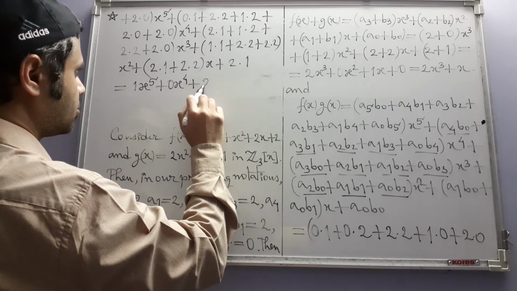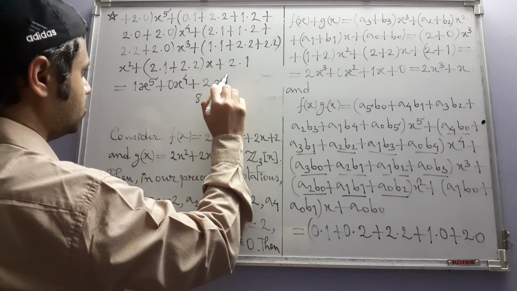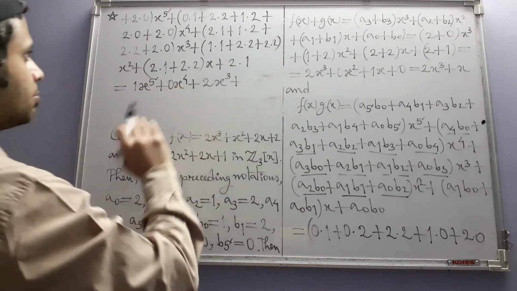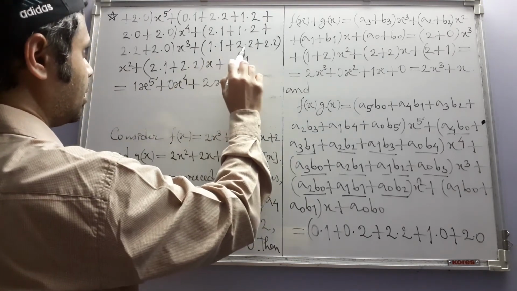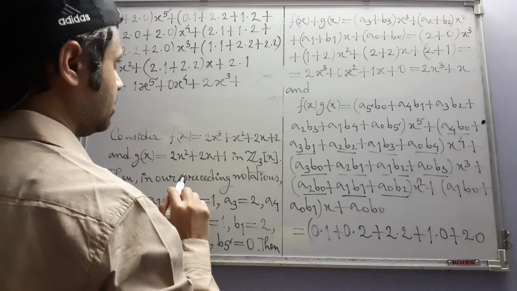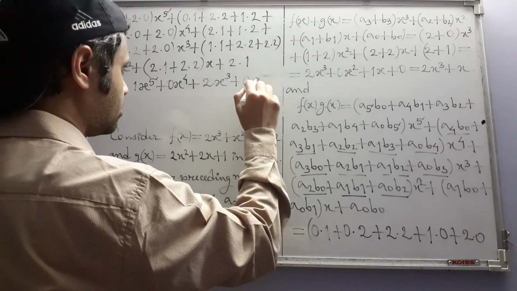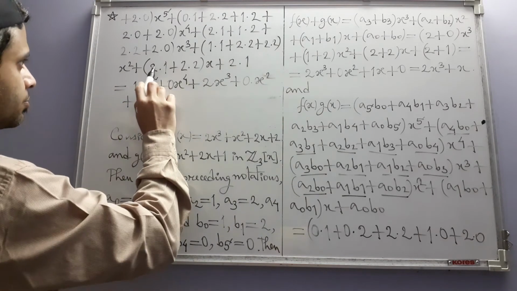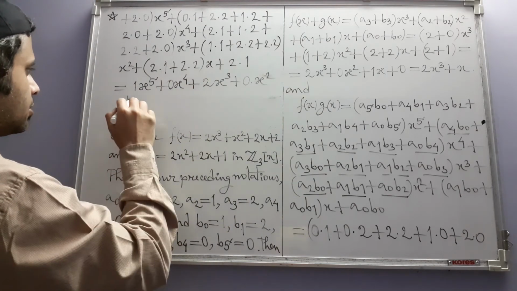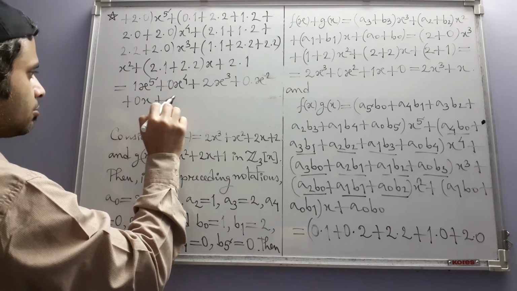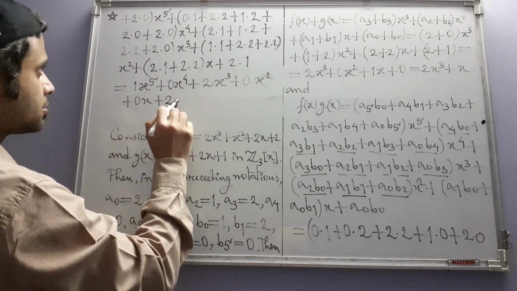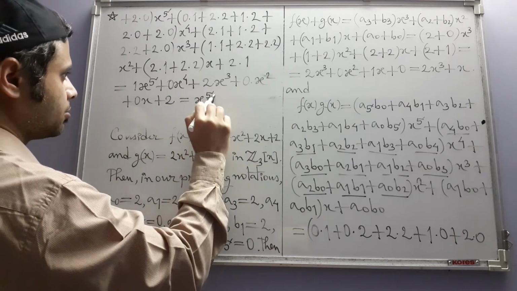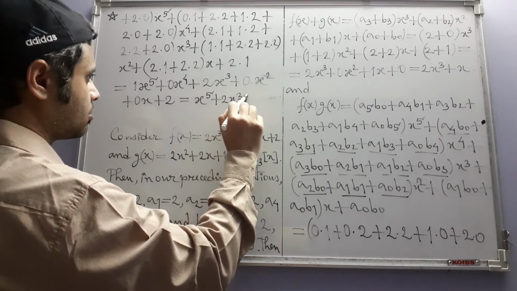So modulo 3 this is 2. Then 1 plus 4 plus 4 is 9, modulo 3 that is 0, plus 2 plus 4 is 6, again this is 0, plus 2. So that means this is x to the power 5 plus 2x cube plus 2.